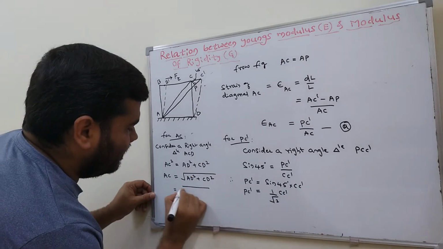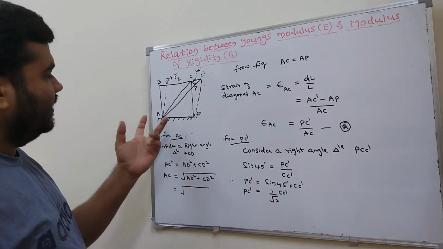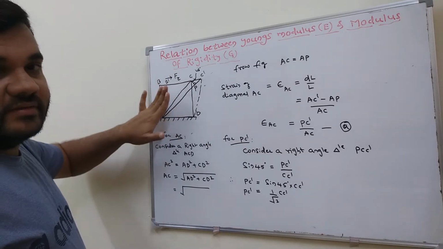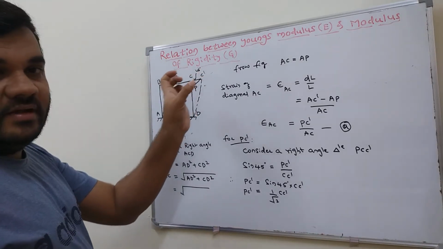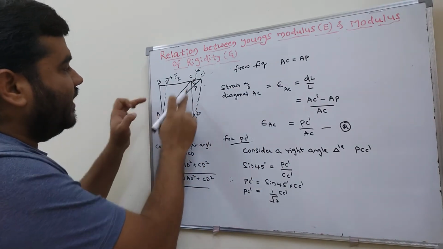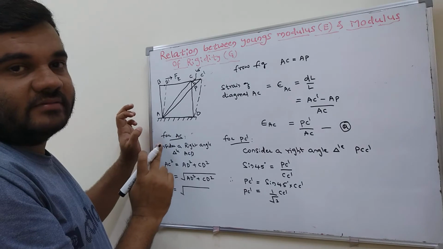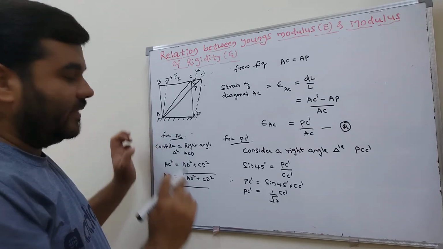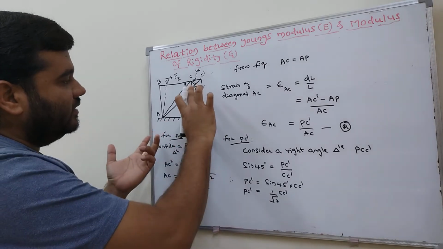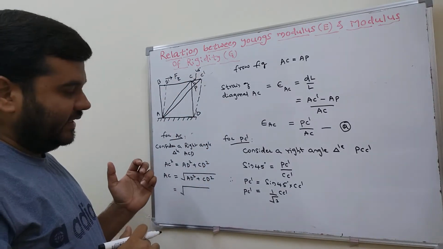This will be equal to square root of AD square plus CD square. AD is equal to CD, because I said this is a square. In the beginning, while writing the points, I wrote the body A, B, C, D is a square. Therefore, can I write AD equal to CD?